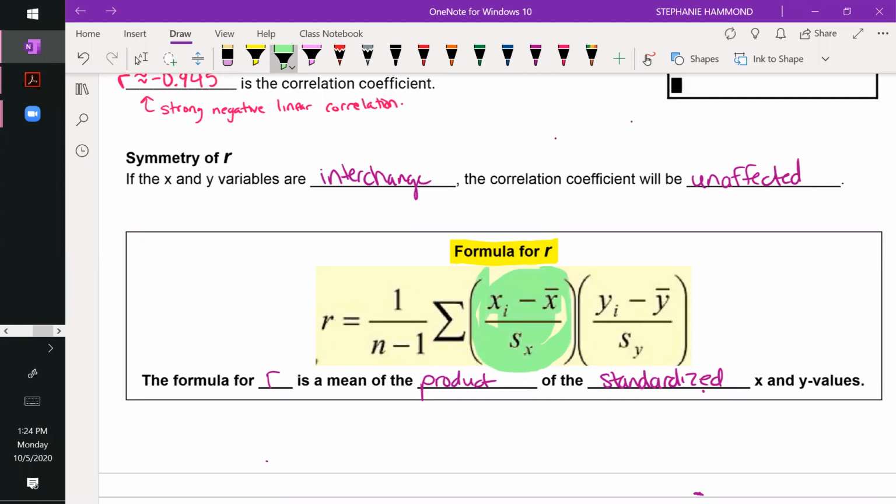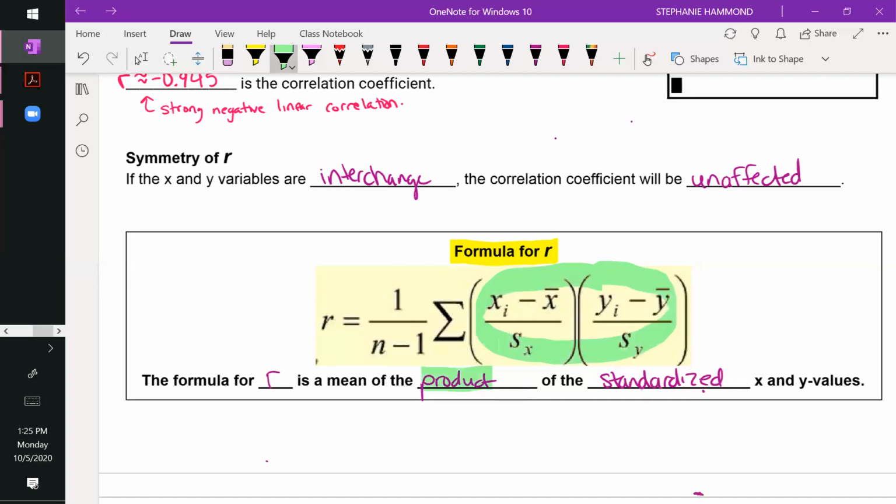And this here means that we're adding all of these together. So this is every single X value standardized. And over here we have the same thing for our Y values. So every single Y value standardized. We're taking each of those standardized values and multiplying them together. So we get the product.